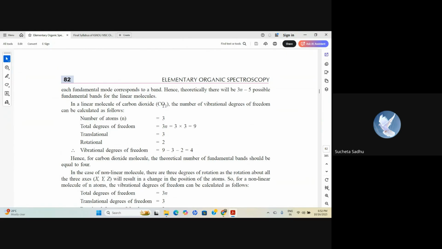Rotational degrees of freedom will be 2, and translational degrees of freedom 3. So the same formula, 3n minus 5: 9 minus 5 equals 4. So vibrational degrees of freedom will be 4.